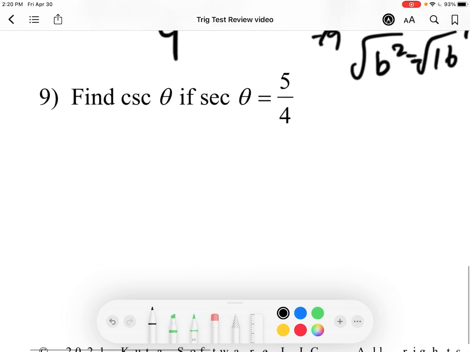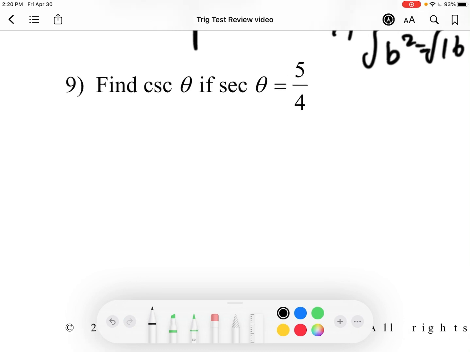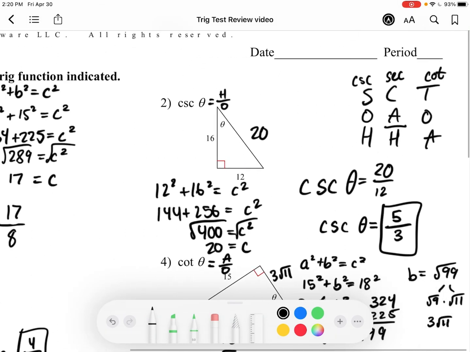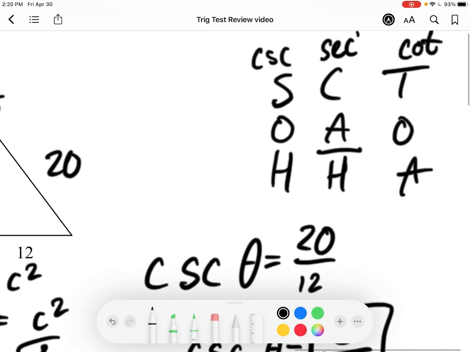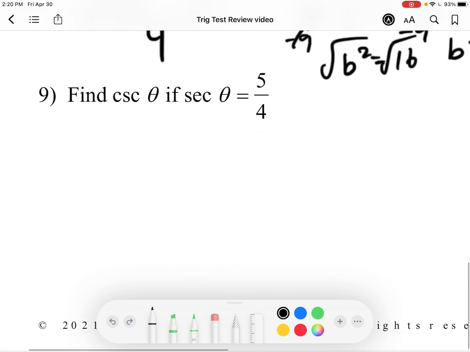For number 9, it asks us to find cosecant theta if secant theta is 5 over 4. So secant theta is 5 over 4. If we look at our notes, secant is a reciprocal of cosine. So cosine is adjacent over hypotenuse. So secant would be hypotenuse over adjacent.